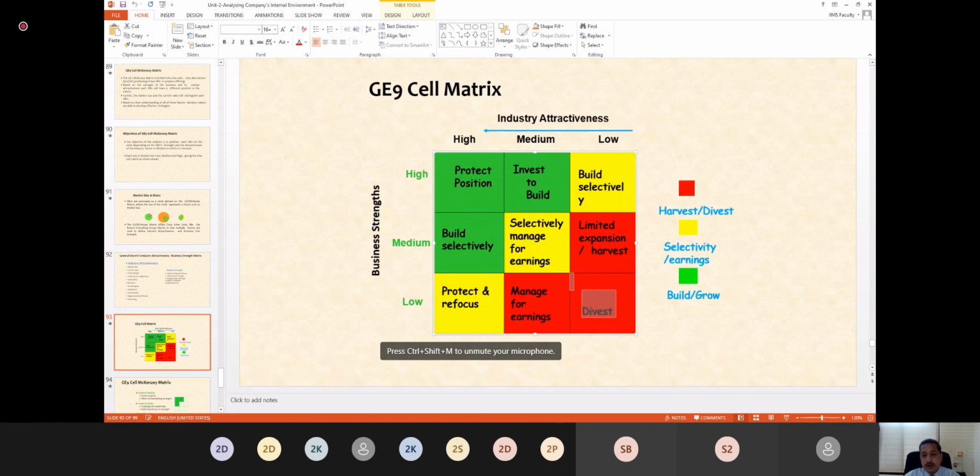Before we go ahead, I would like to ask you whether you have any query in this model or this matrix. Do you have any query in this model? No, sir. Have you understood this model?